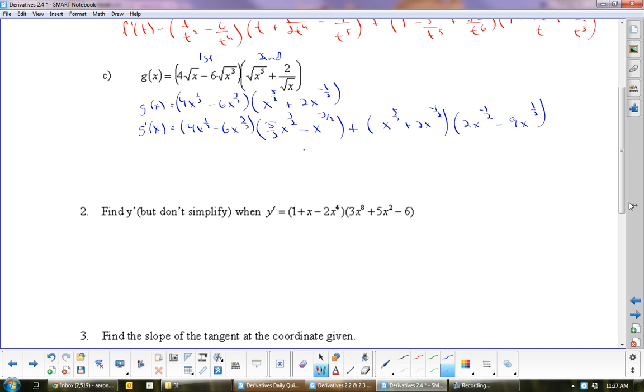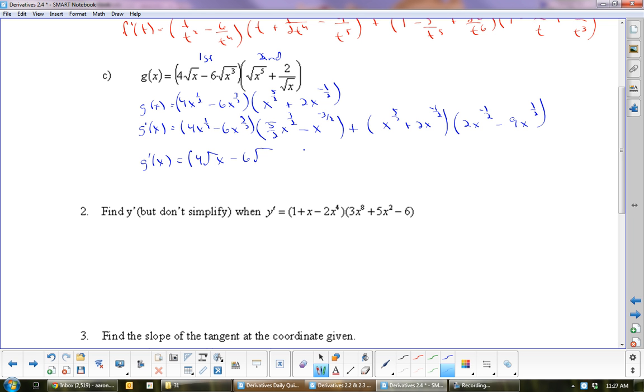Okay, so the only thing that's left, we don't have to simplify it, but we need to get it in the form it started with. So g prime of x equals 4 root x. So you can see we're using a lot of that pre-calculus unit here.